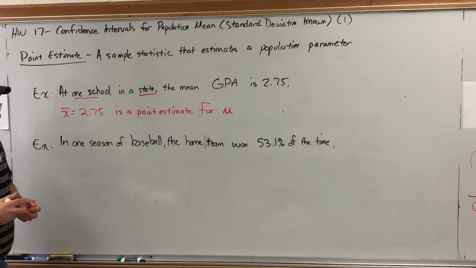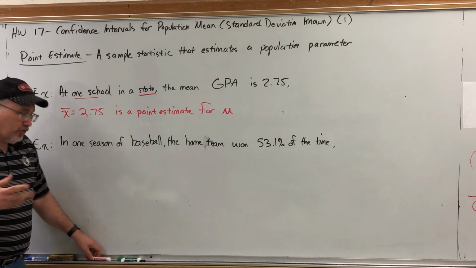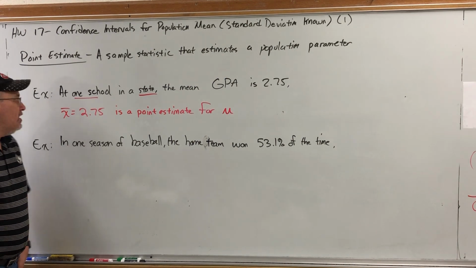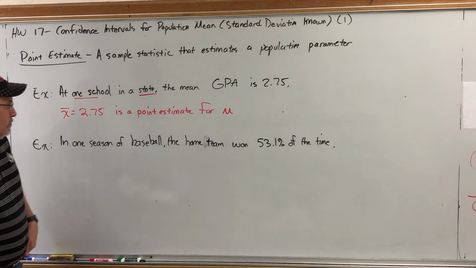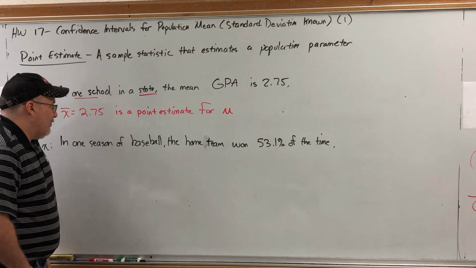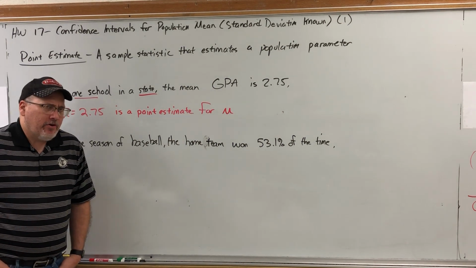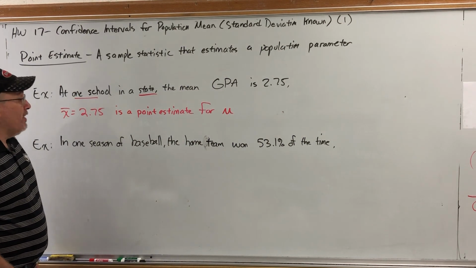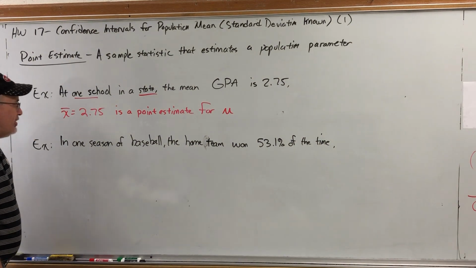So what we would say is, well, we don't know the mean GPA for all students in the state, but based on this one school, we could estimate it to be 2.75. How reliable is that? Not very, which is why we're going to build a confidence interval momentarily.